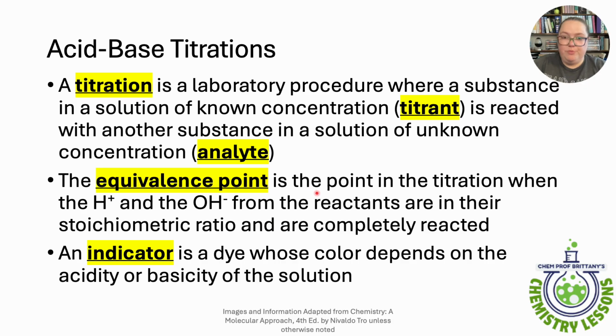So the equivalence point is the point in the titration when our H plus and our OH minus are exactly in their stoichiometric ratio. So in the case of NaOH and HCl, they have to be in a 1-to-1 ratio. So when they are exactly 1-to-1, that would be the equivalence point. And that is the completion of the reaction.